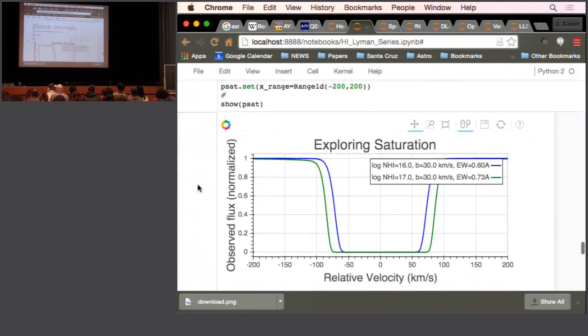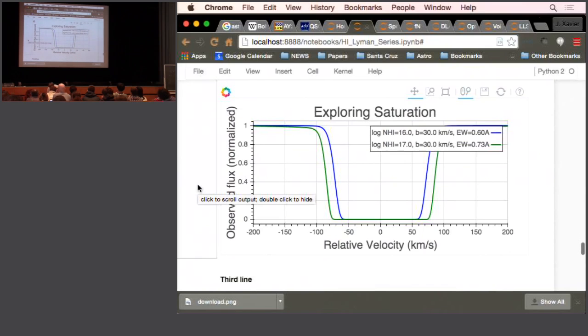Here are two line profiles with an order of magnitude difference in the absorption column density, and identical Doppler parameters, and you can see the equivalent widths differ by only about 20%. The line with 10 times the column density is a little bit broader, a little bit stronger, but just barely.